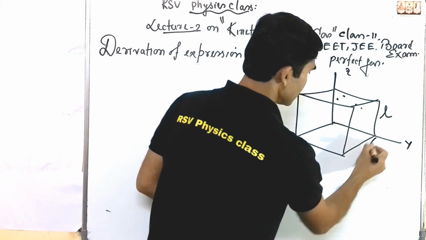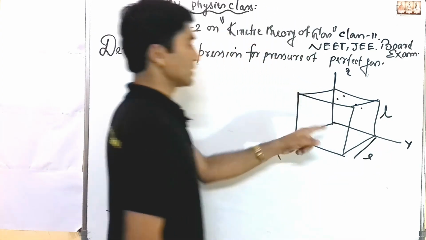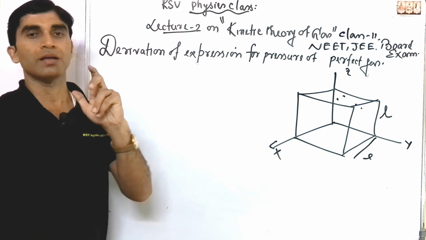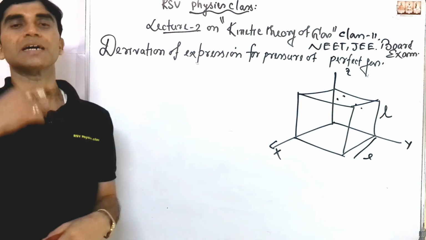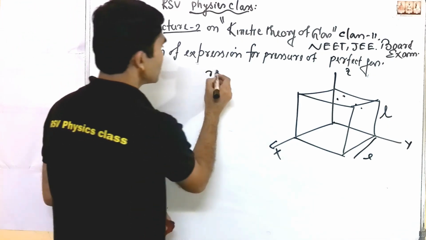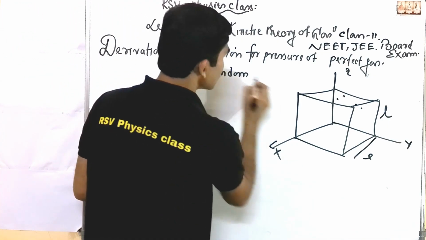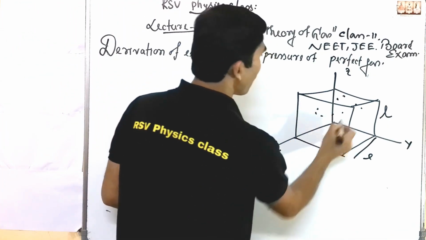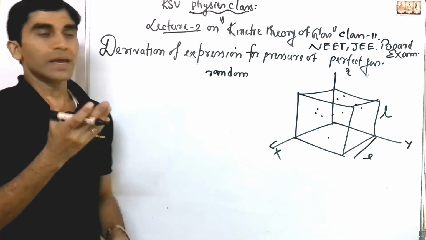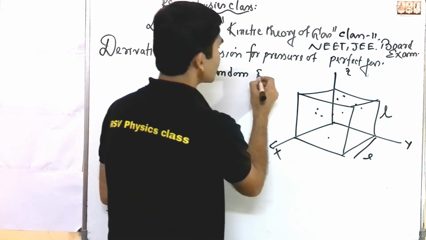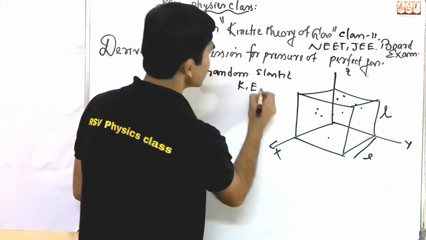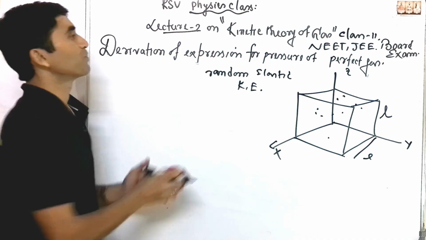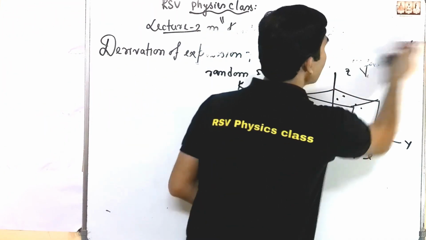The ideal gas molecules are in incessant random motion, and the collision of gas molecules with the wall of this cube is perfectly elastic. Elastic means kinetic energy is conserved. Okay, so this is the assumption.